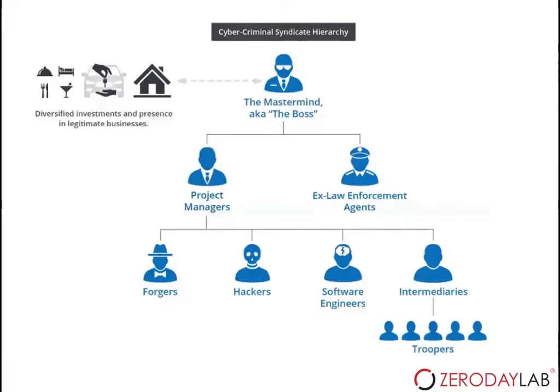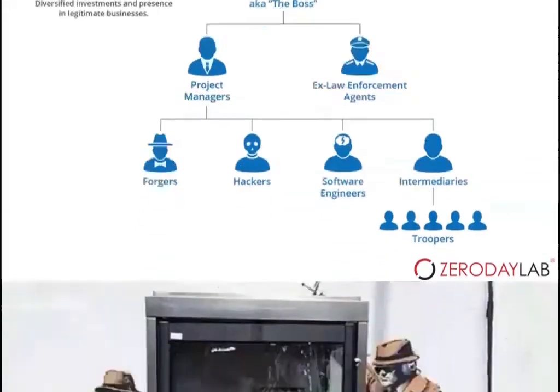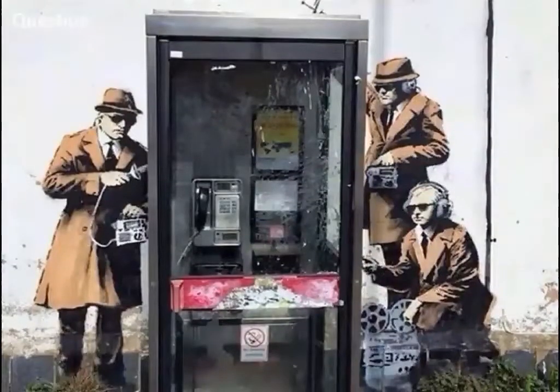Believe it or not, you have project managers who work on behalf of the mastermind or the boss, who recruit individuals to create the malware. And also in more corrupt parts of the world, it's ex-law enforcement agents, the good guys turned bad, who will give internal information as well.